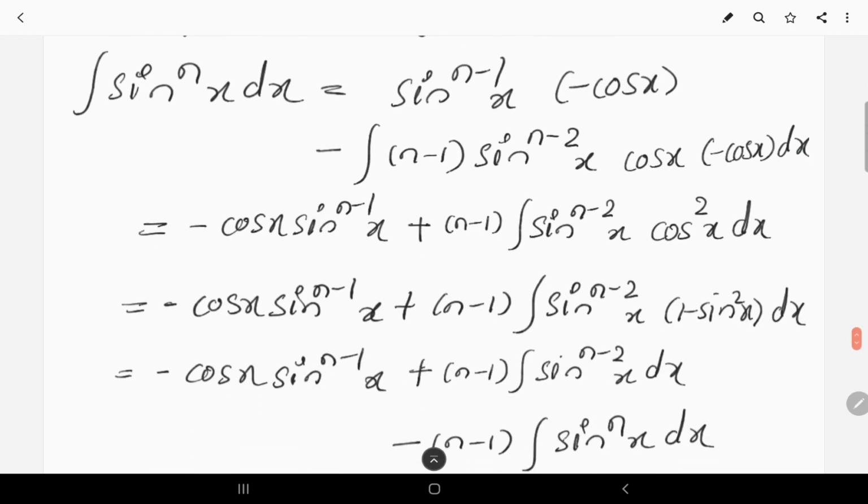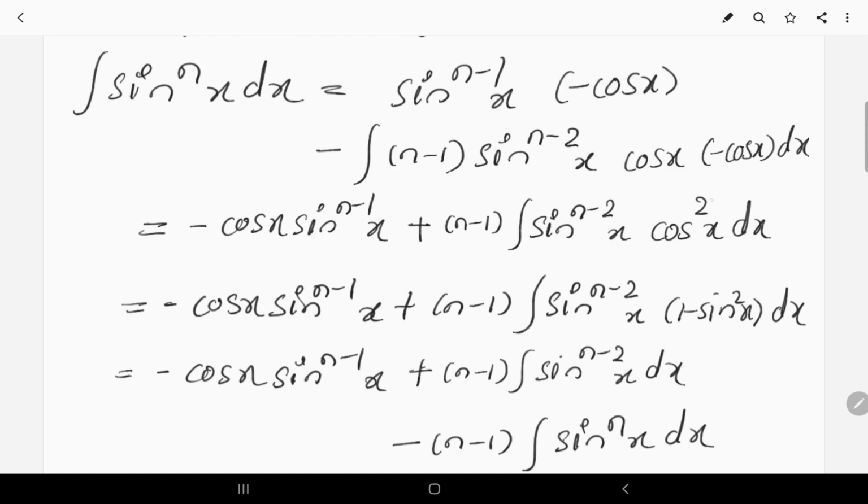So after simplification, minus cos x sin raised to n minus 1 x, here n minus 1 is a constant, take outside, minus of minus plus, it becomes integration of sin raised to n minus 2 x cos x into cos x, cos square x dx.